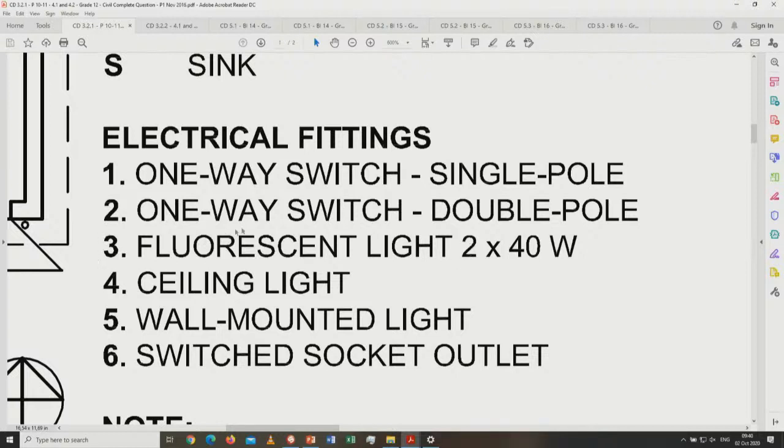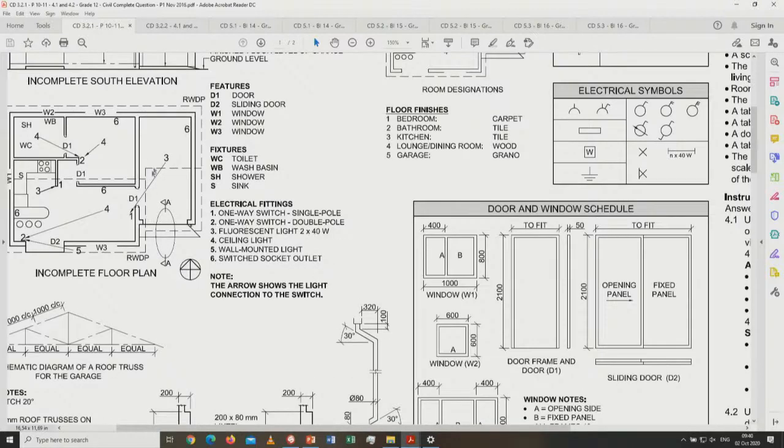That is a number 3. So if I go to my layout, it means that this is number 3. So I will put a fluorescent light in this room with the symbol, but the 2 of 40 watts, not the N of 40 watts, I will place on the bottom. I will show you some examples just now as we finish with that.